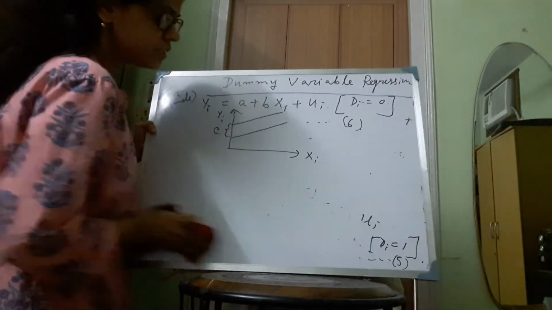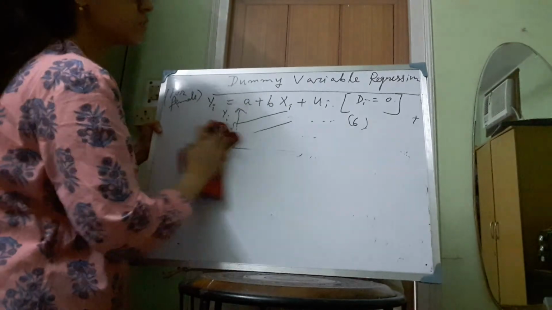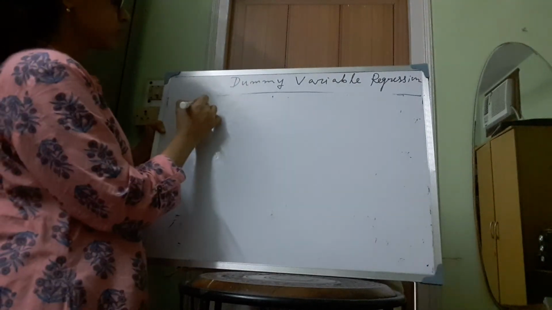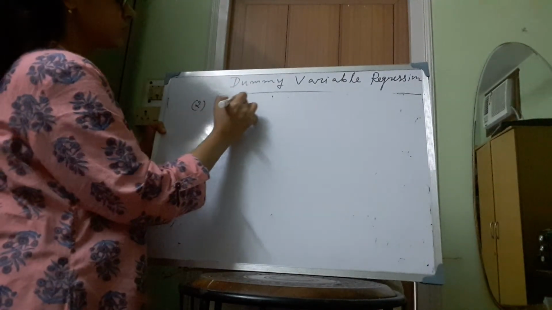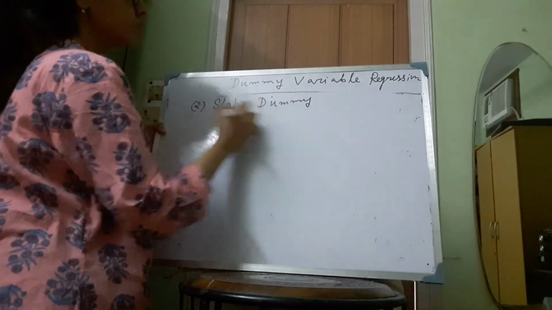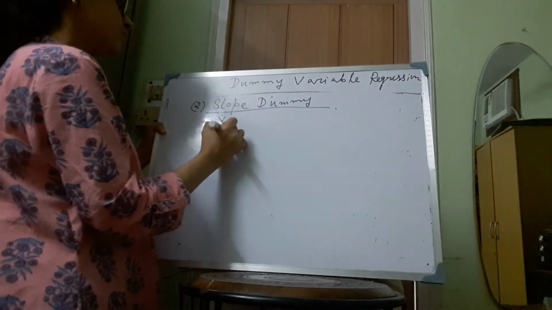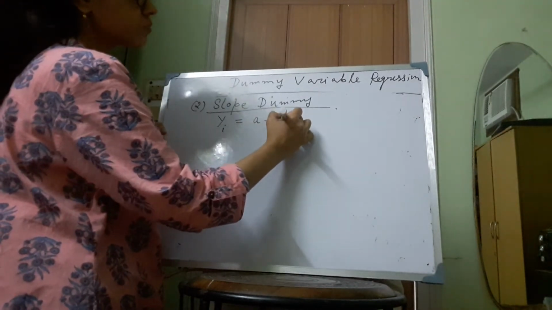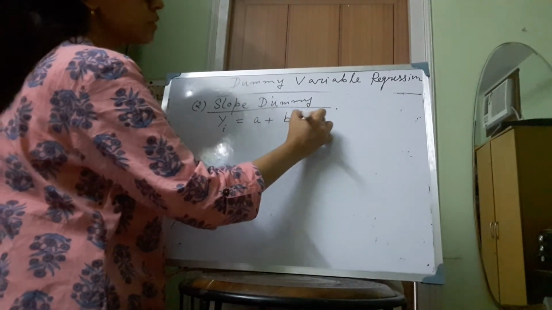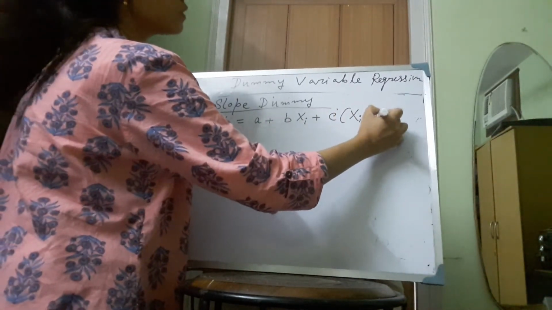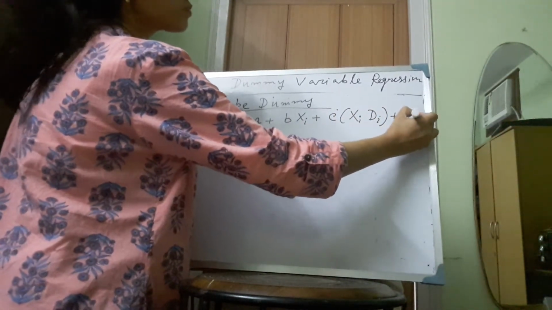Next we consider the slope term. So the regression equation is yi is equal to a plus b xi plus c xi di plus e.